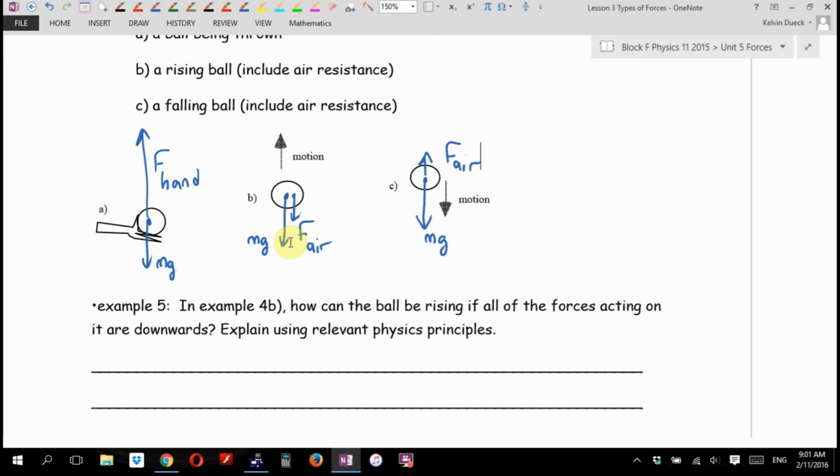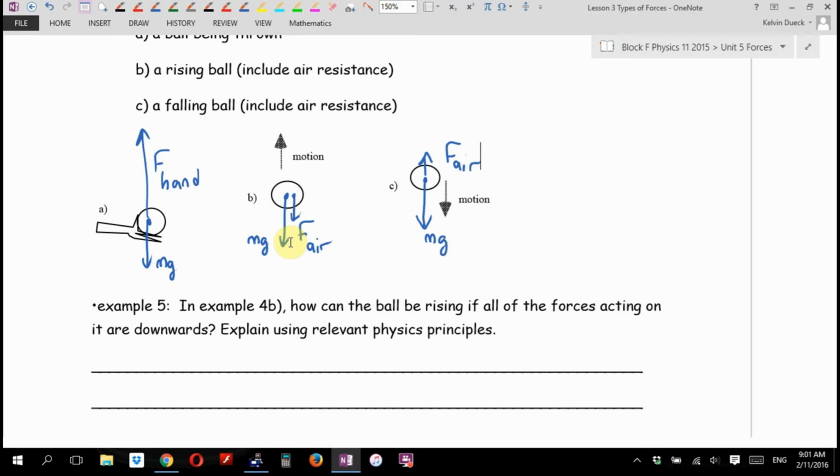But I'm talking about situation B, Chief. This is hugely important, and maybe it's so obvious that it's not obvious. There is a difference between velocity and acceleration. Velocity and acceleration do not have to be in the same direction. In fact, often they're not.